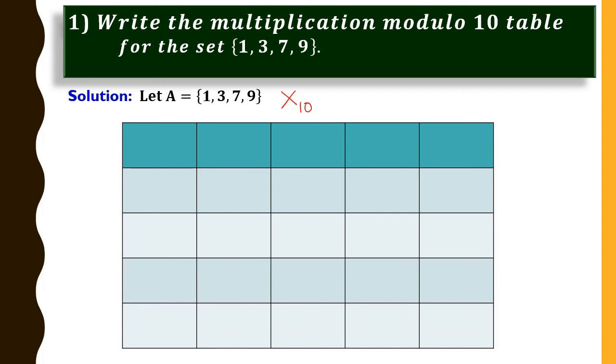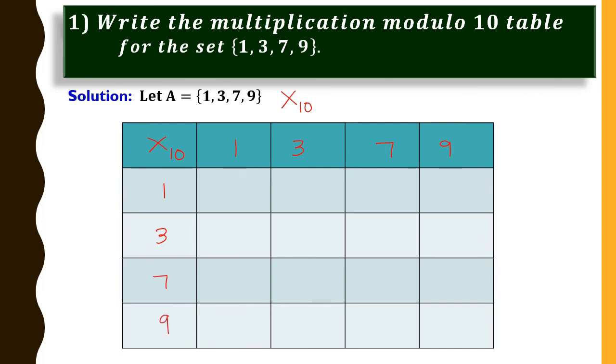Okay, in the left top corner, we should always write the binary operation, that is multiplication modulo 10. As usual, you write the elements of the given set, that is 1, 3, 7, 9. Similarly here, 1, 3, 7, 9.